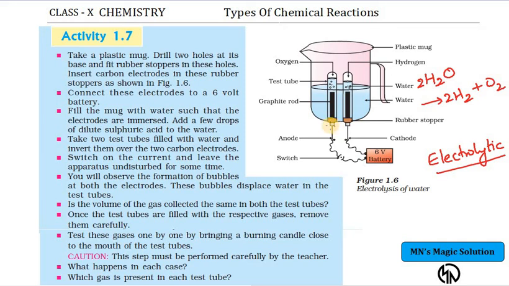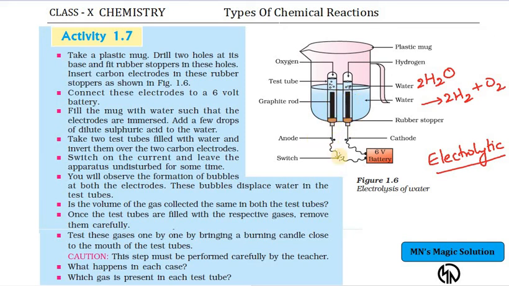In this activity, they make 2 small holes in a stopper and insert 2 graphite rods, which are connected to the battery. Two test tubes are inverted over them, also filled with water. When the battery is switched on, the decomposition reaction happens.